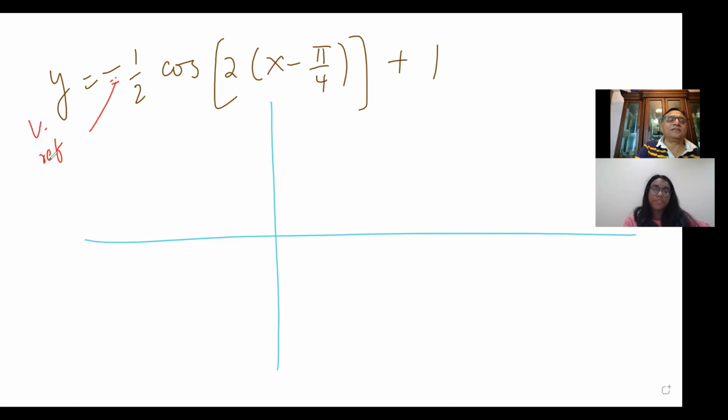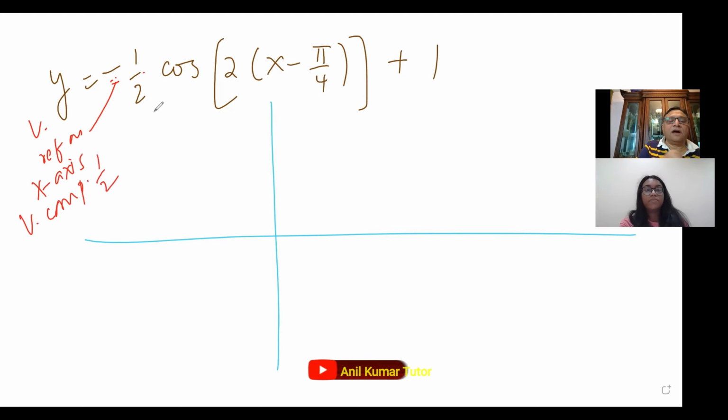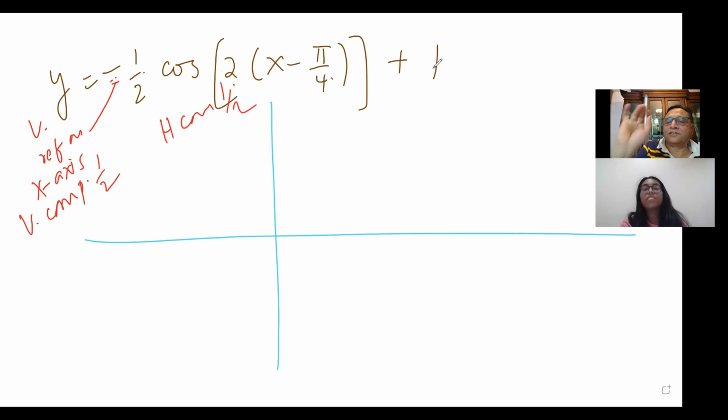Reflection on the x-axis, so reflection and then compression. This is a vertical compression by a factor of half. And this is a horizontal compression by a factor of half, correct? This is a translation, translation up.